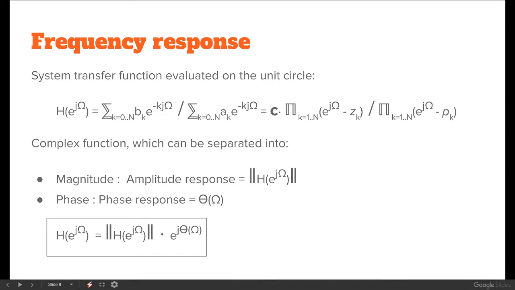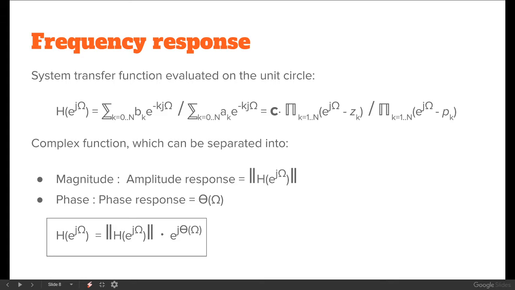In the digital world, instead of the S-plane, we have the Z-plane, where the zeros and poles are located, for example, like that: 2 zeros, 2 poles. Here the corresponding signal is on the unit circle.